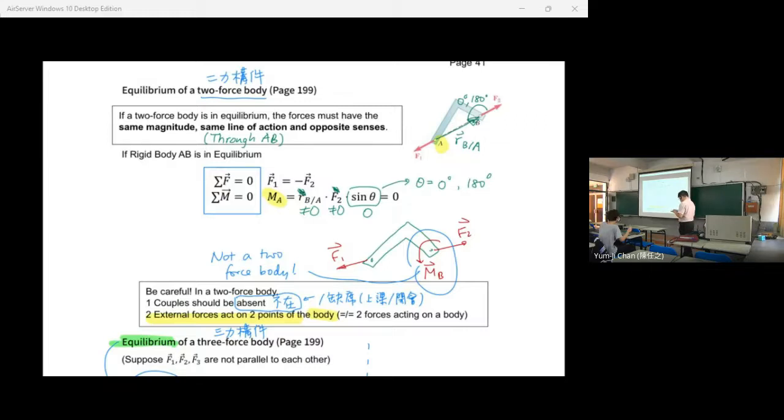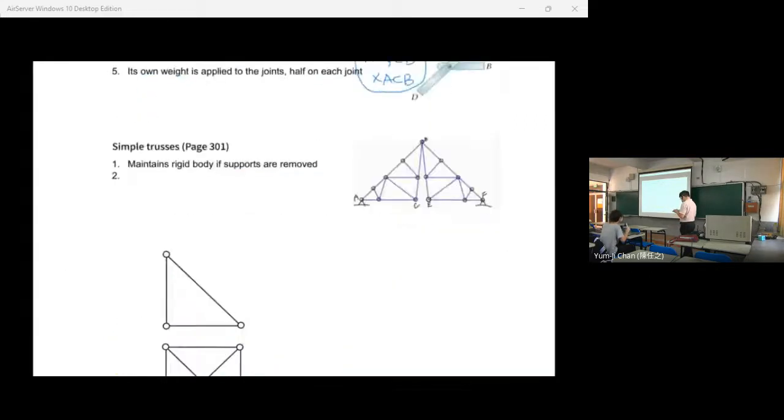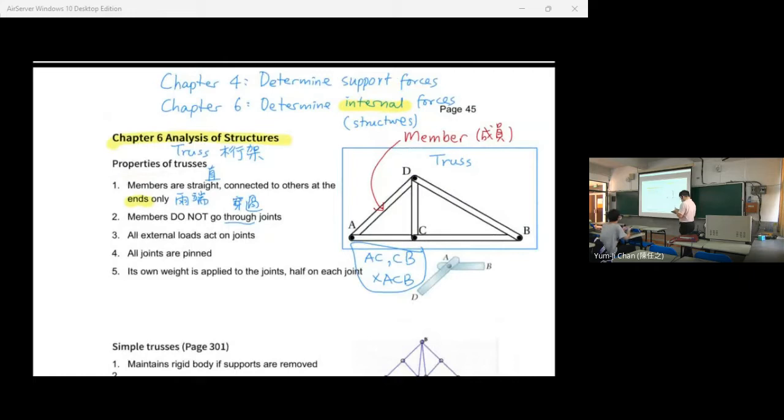So if it has only two ends and it is connected to others at the ends only, and it does not go through joints, what kind of structure is it? Two force body or three force body? So we have AP and DP and AC and CP and DC.